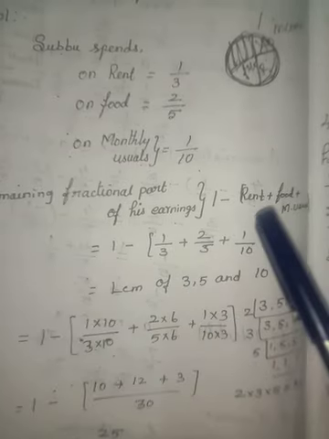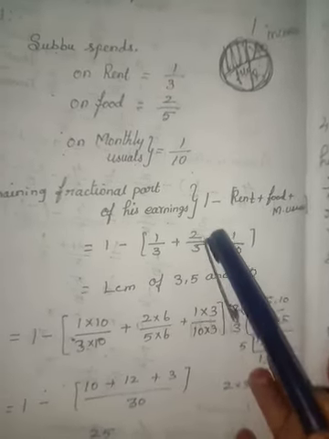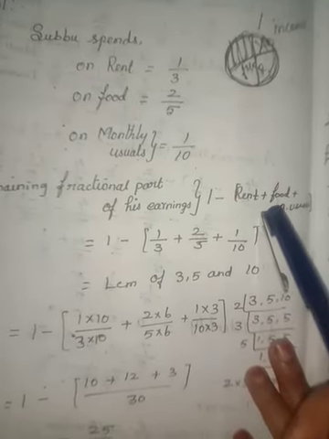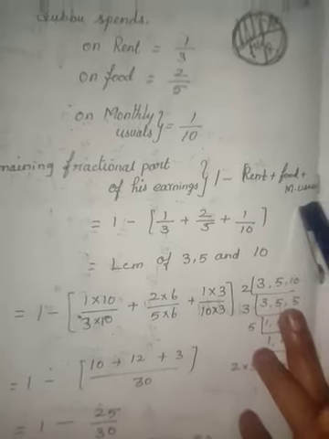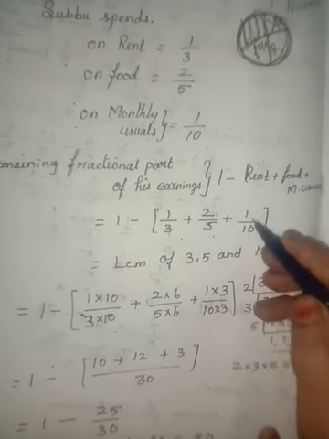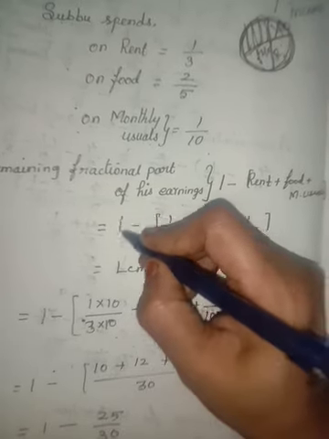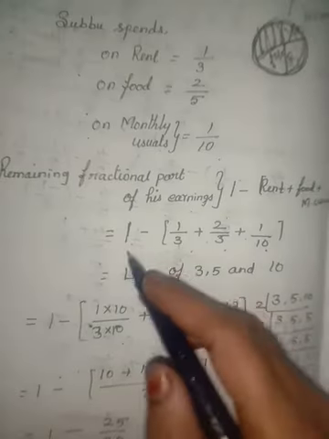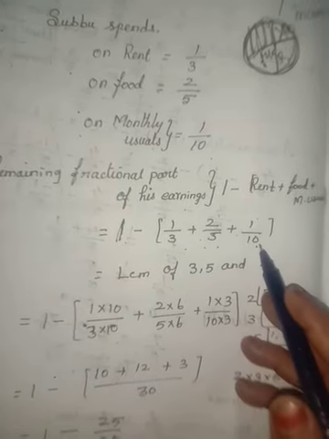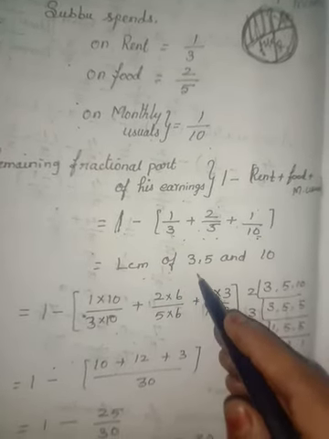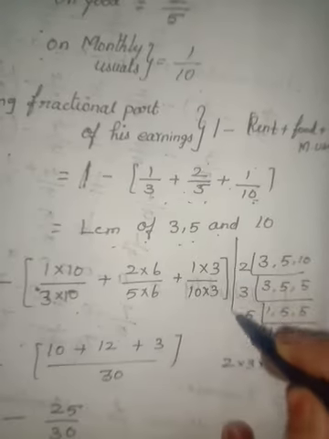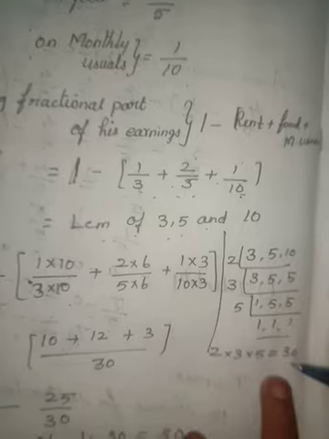So you must find 1 minus the sum of the rent, food and monthly usuals. So that is 1/3 plus 2/5 plus 1/10, which we subtract from the whole. Here the denominators are unlike, so we must find the LCM of 3, 5 and 10. Taking the LCM of 3, 5, 10, we get 30.